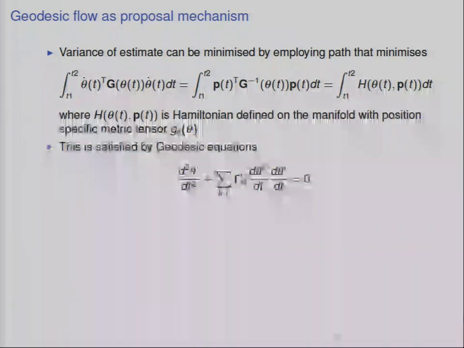We minimize the variance. We minimize the error induced moving from one distribution to another on the manifold defined by this metric tensor.